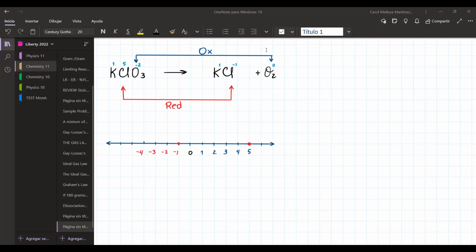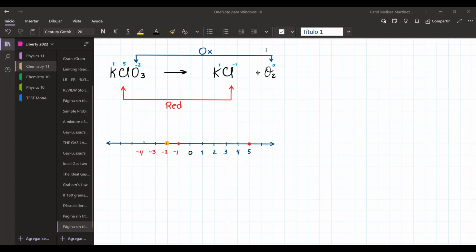But then we have oxidation. In oxidation, we had initially oxygen located at -2. So I'm going to use yellow for this, okay? Initially my oxygen was located here at -2.